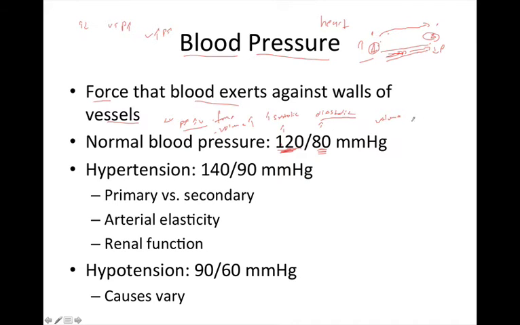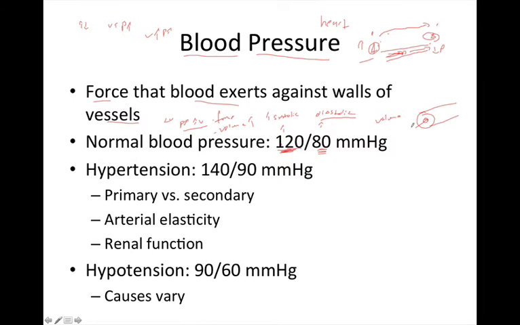Remember that arteries are very rubbery vessels. They have a lot of elastic tissue within them. And that's an important characteristic because arteries have smaller lumens, smaller openings that we're pumping blood through. Especially when we're talking about your distributing arteries of the body, we need these vessels to be very rubbery.